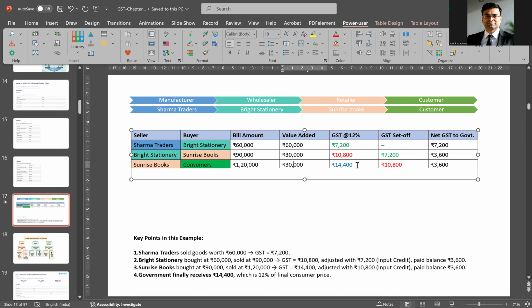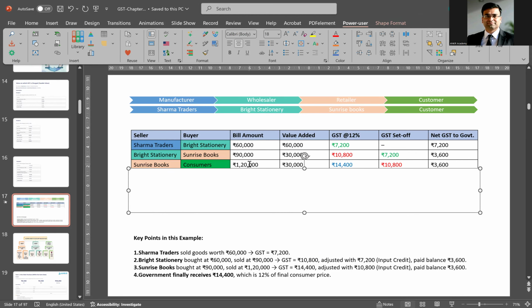So what will happen is that Sunrise Books will collect 1,20,000 plus 14,400 of GST, which will be 1,34,400. Correct? Now, this 1,20,000 into 12% will become 14,400. So, how much GST he will collect from the customer is 14,400. And in total, 1,34,400 he will collect from the customer.